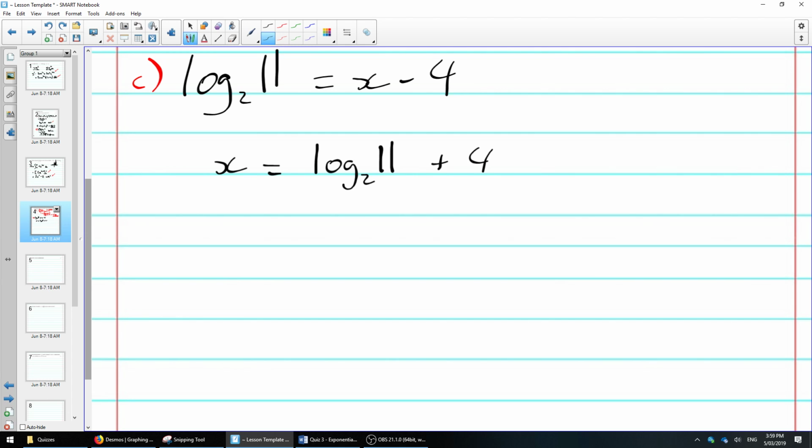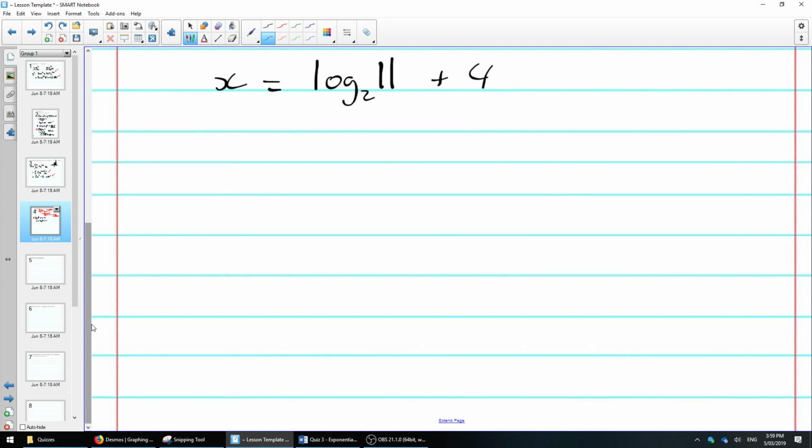Now, like I said, we don't have a button for log base 2 on our calculator. So how can I find the value of log base 2 of 11? Change base. Remember, we can rewrite log base 2 of 11 as ln 11 over ln 2, which is the button that we have.